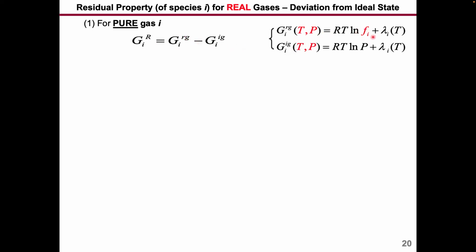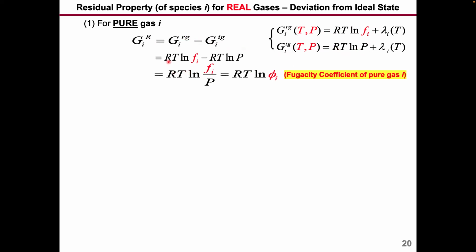For real gas, we already know it's the effective pressure, right? And then ideal gas is pressure. And then you plug into this equation. In the end, you will get the residual Gibbs free energy is going to be equal to RT natural log f_i divided by P. And then we can define this as the fugacity coefficient phi_i. phi_i is equal to f_i divided by P, okay? The fugacity coefficient of pure gas i.